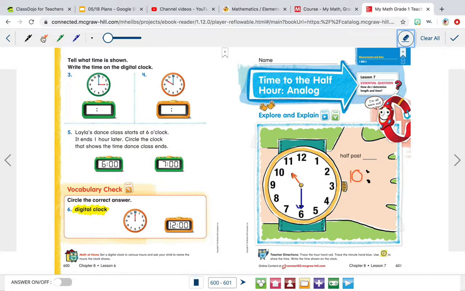Whenever the minute hand is pointing at the 6, right here, that means the minutes are going to be 30. So it is 10:30. It is not 10, it is 10:30 because it went halfway past 10. Now, it may not make full sense yet, but don't worry, it'll make sense in a bit, okay?